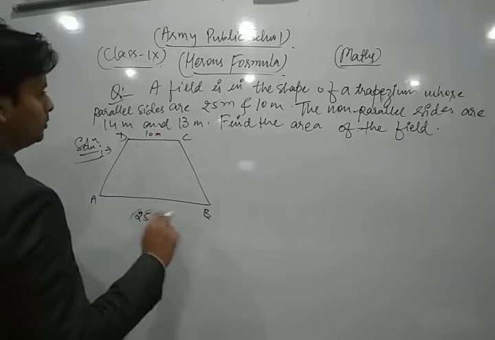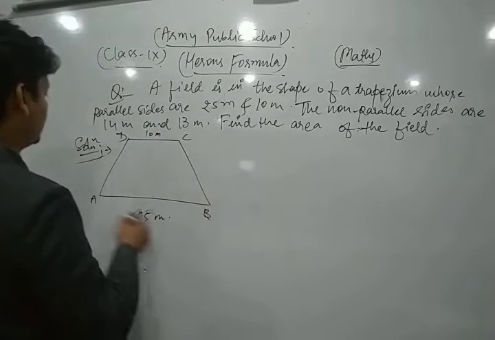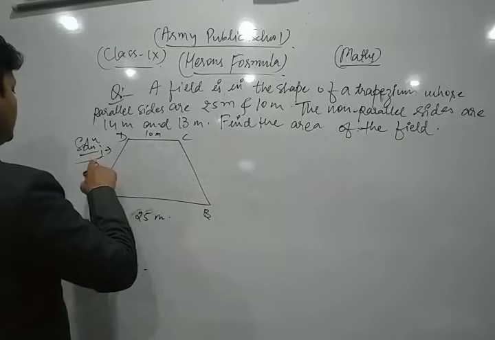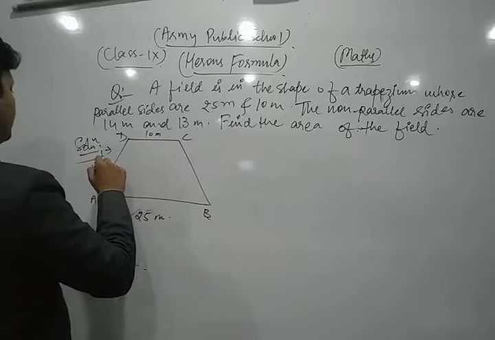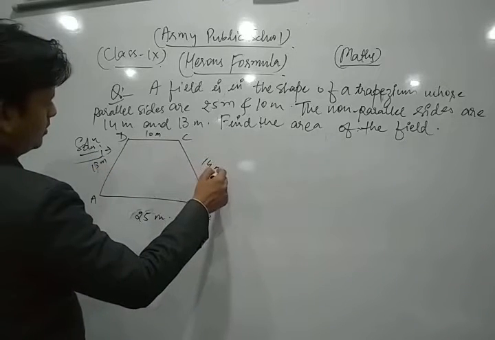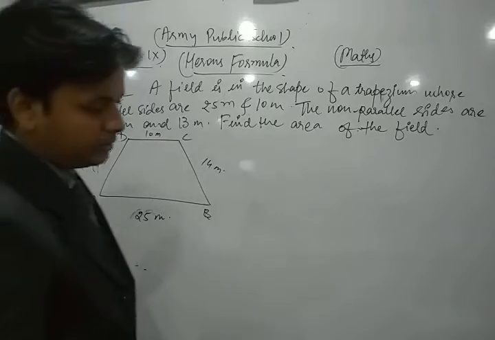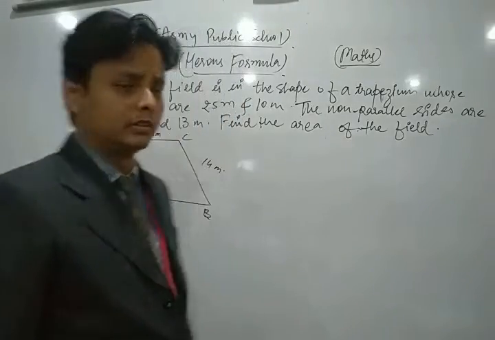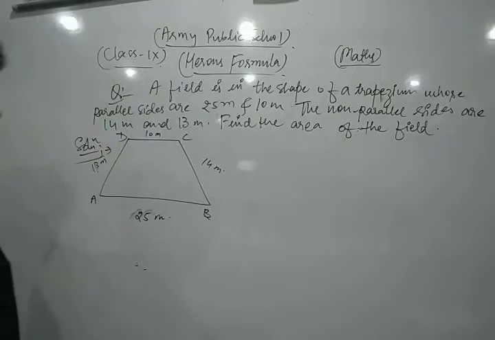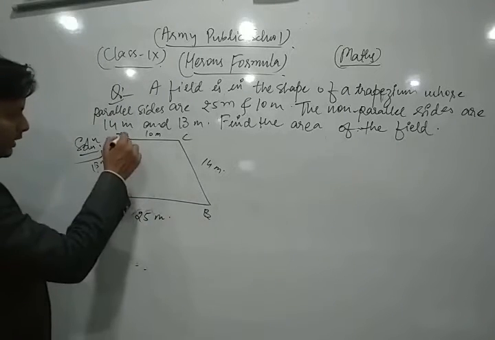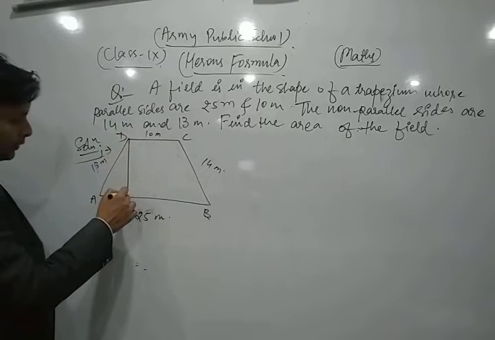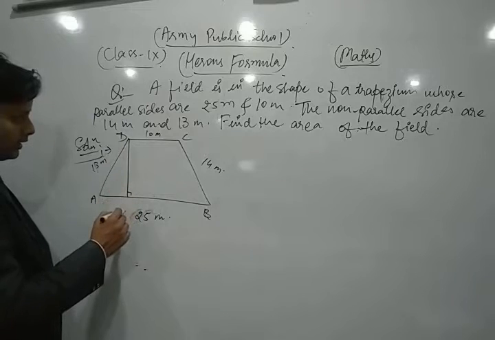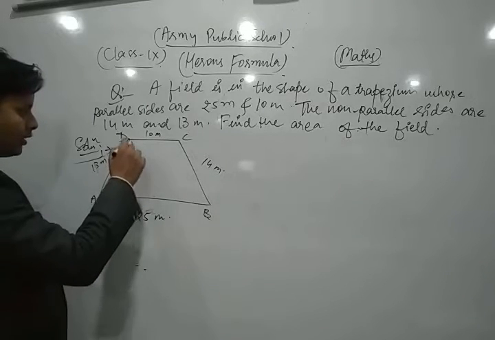And the non-parallel sides are 14 and 13. So this is 13 meter and this is 14 meter respectively. Now let us say that its perpendicular height between two parallel lines is H.